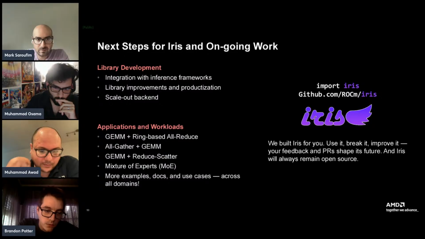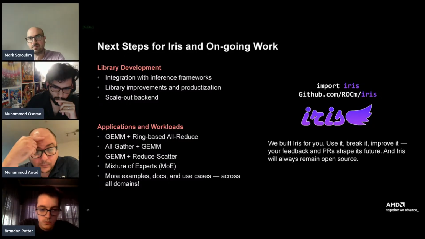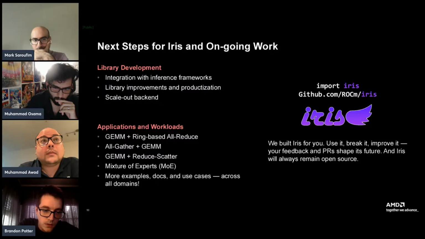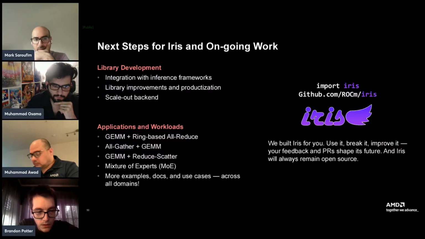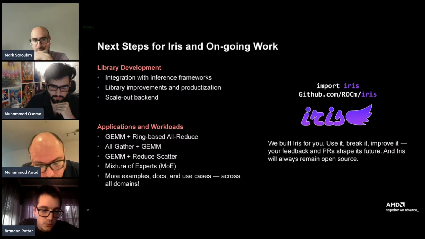That API with the shmem pointer is a legacy API from SHMEM. The load store APIs with the cache modifiers within Iris are a novel thing. It allows you to do cache placement from the load store, like the shmem pointer, but it allows even more control over it than you would have with the shmem pointer.